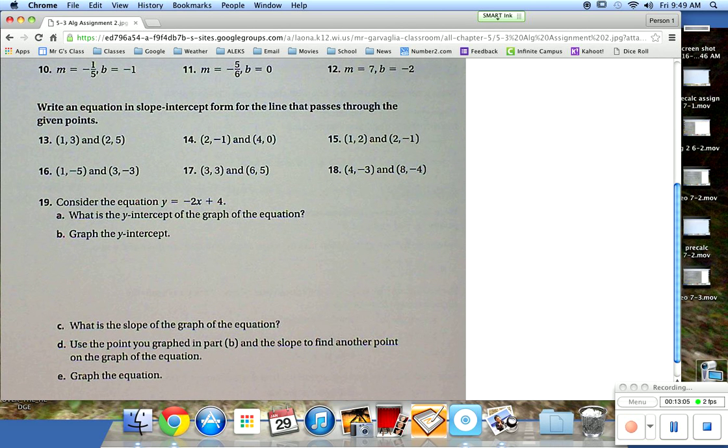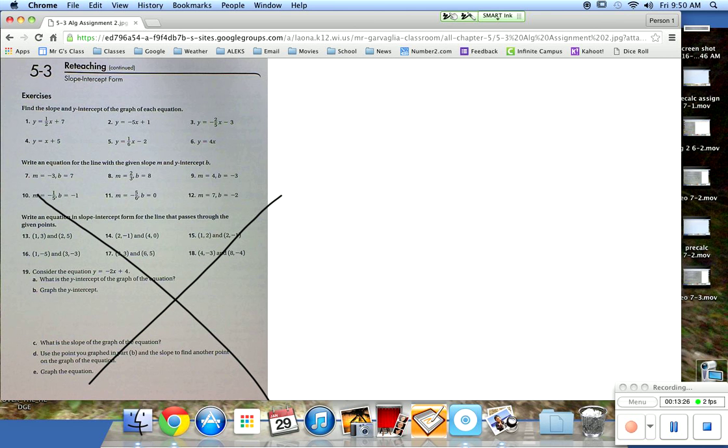On this section here, skip 19, you don't have to do it. On this section here, now you have to take these points, find the slope, find your y-intercept, and put the equation down. If I was to do this, this is how I do this one.